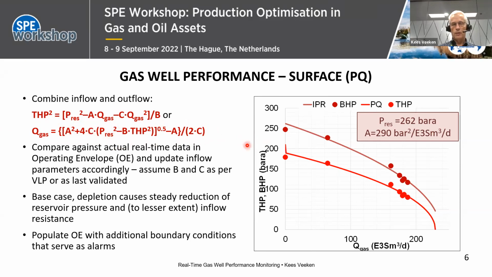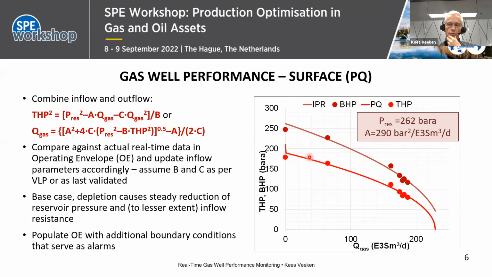And if you have those parameters, then you can make a plot like this, where the bright red shows you the PQ curve, relating tubing head pressure and gas rate. In the same plot, you can also plot the inflow performance relationship between bottom hole pressure and flow rate.